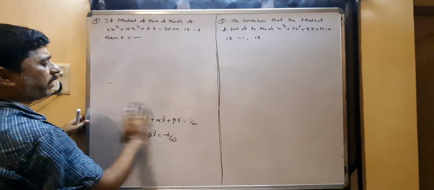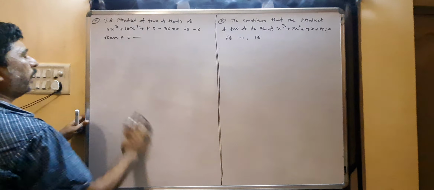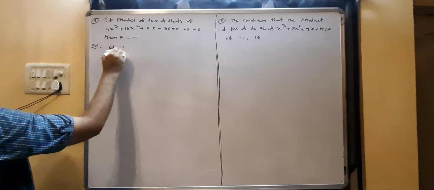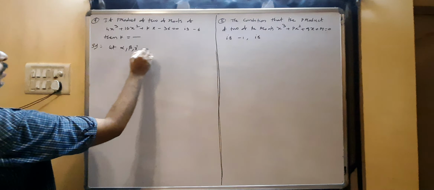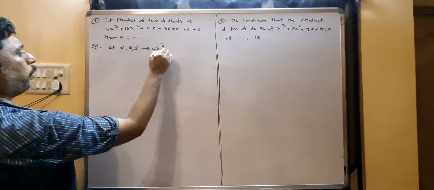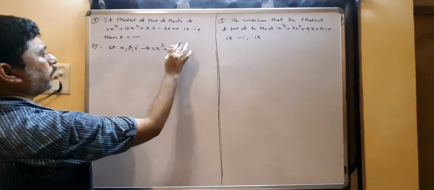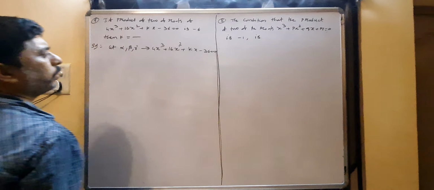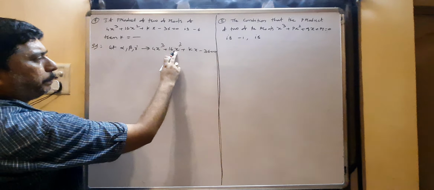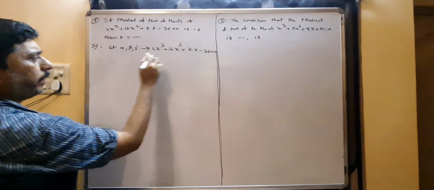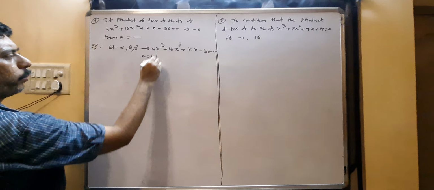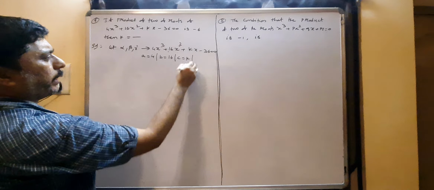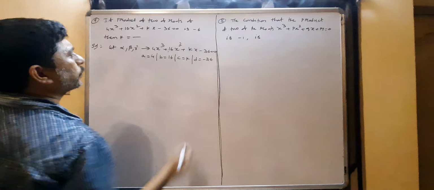Given cubic equation, three roots. Let alpha, beta, gamma be the roots of 4x cube plus 16x square plus kx minus 36 equal to 0. Compare to ax cube plus bx square plus cx plus d: a is the coefficient of x cube, 4; b is the coefficient of x square, 16; c is k; d equals minus 36.